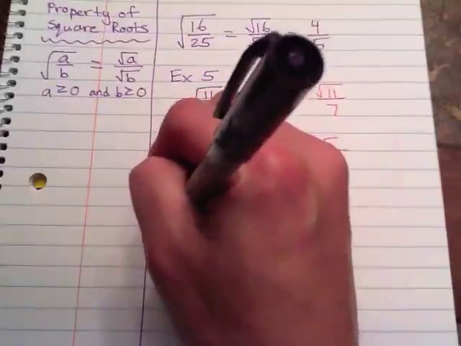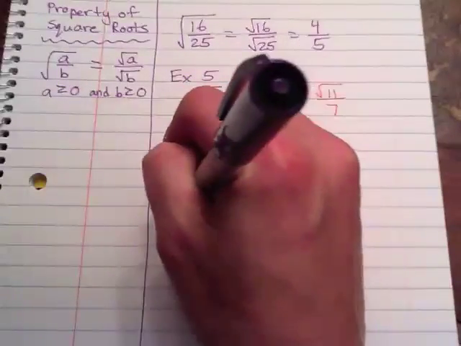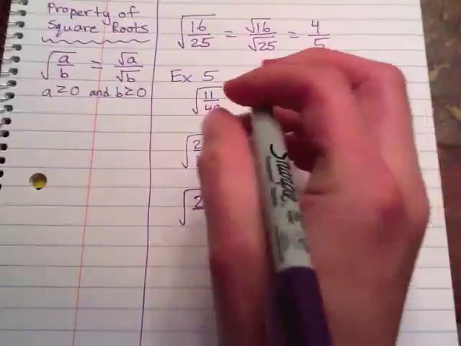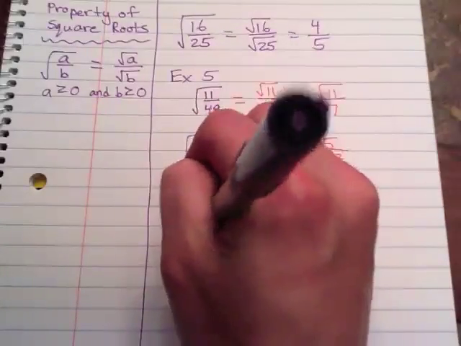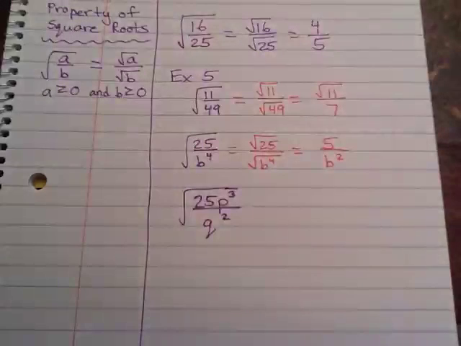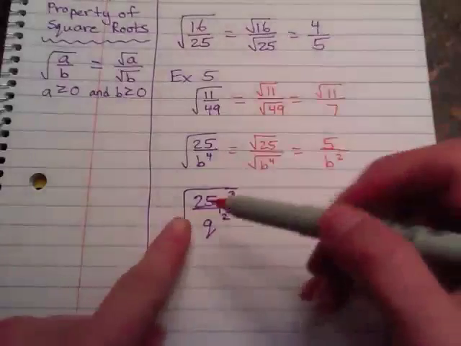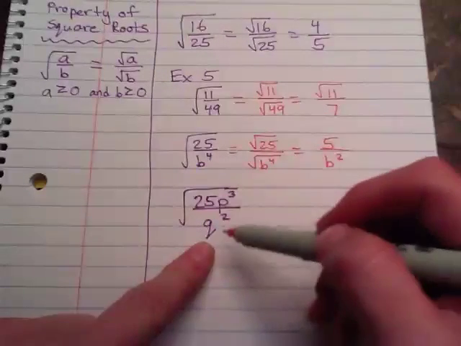And then you'll get some that will have a little more involved with them. So for example, this one, we have square root 25p to the 3rd over q squared. So again, immediately I see a perfect square factor and I see a perfect square factor.